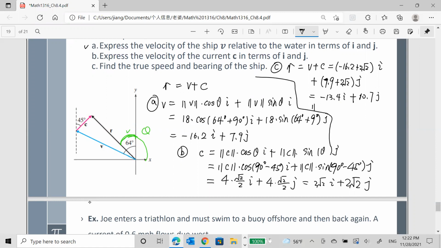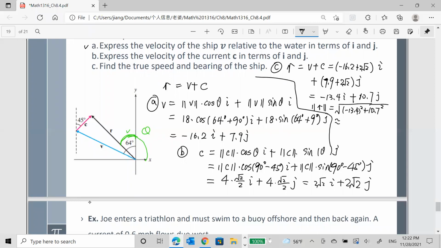So the magnitude of R equals the square root of negative 13.4 squared plus 10.7 squared.